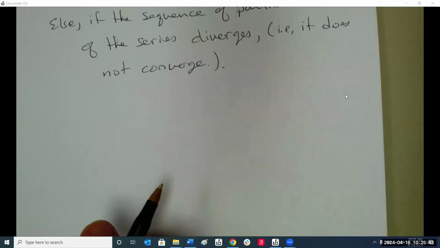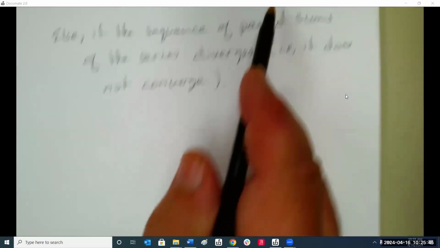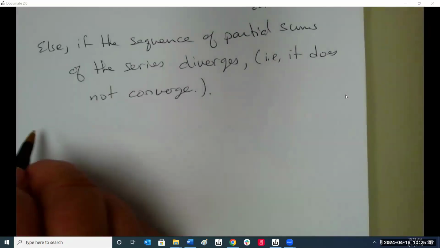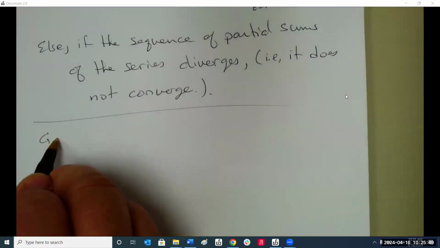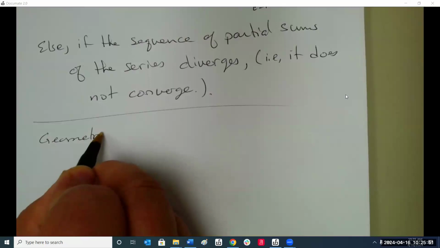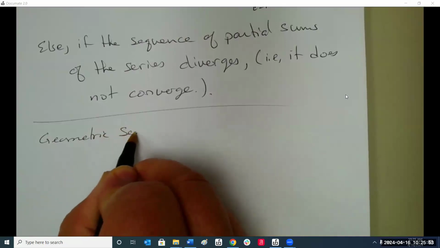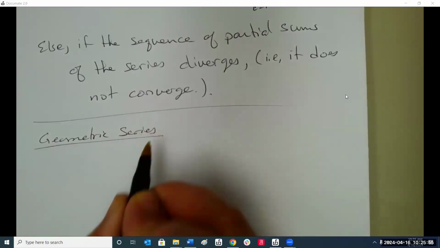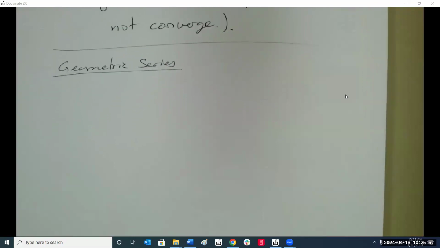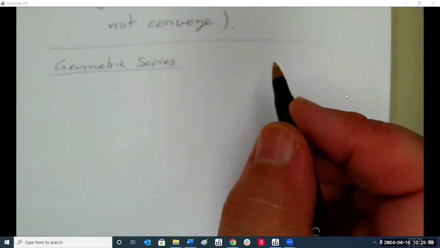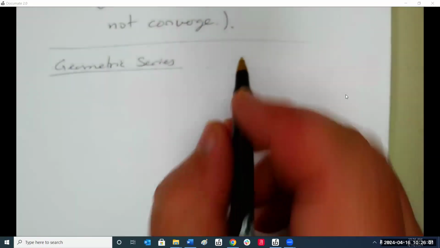So yeah, we can write the summation anyhow we want to. Let's first look at geometric series. We have two types: arithmetic and geometric series.